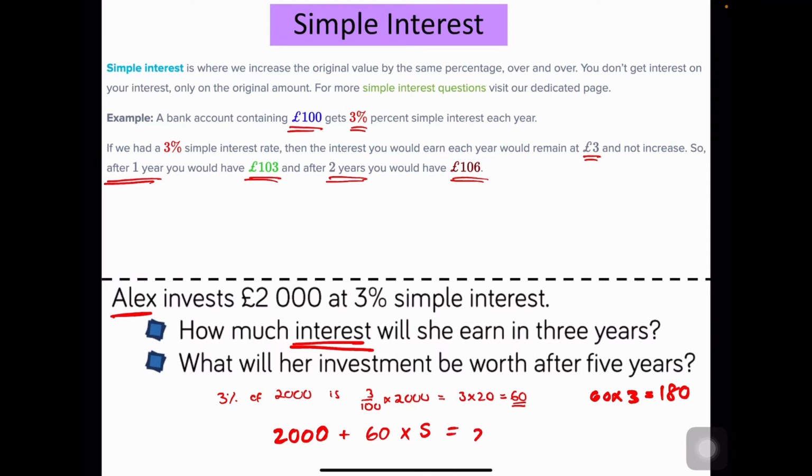So this would be 2,000 plus 300. So after 5 years, her investment will be worth 2,300.